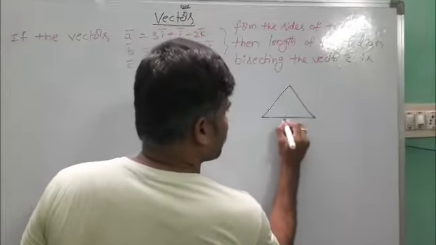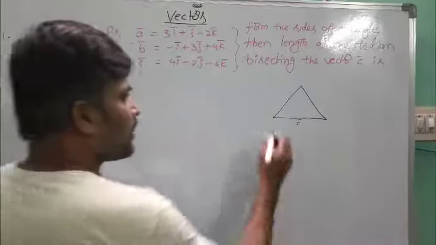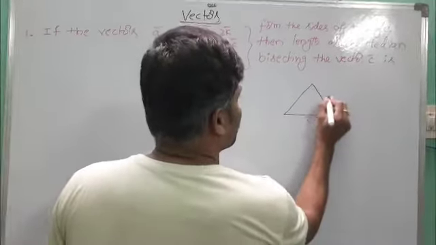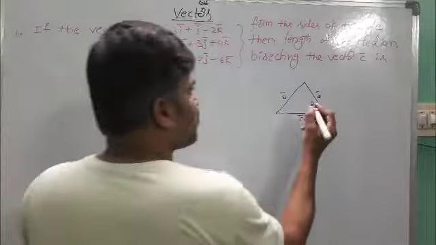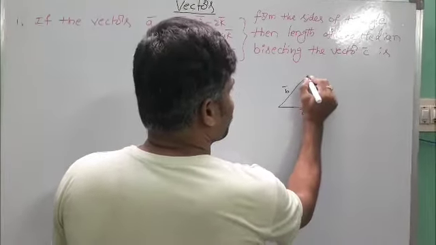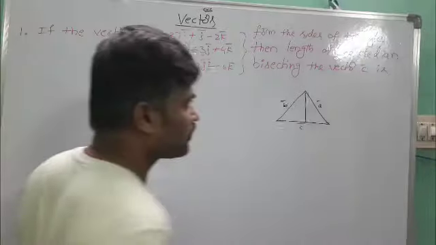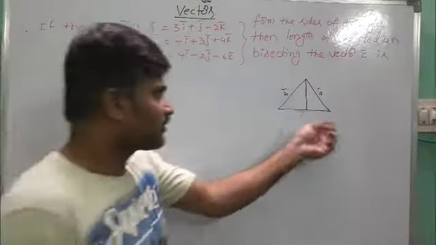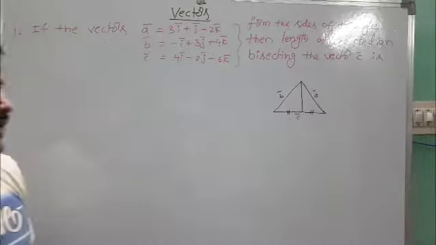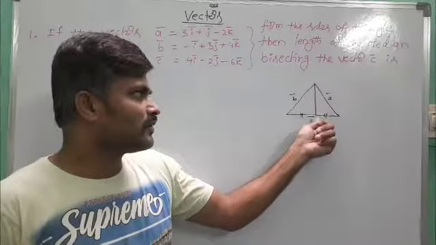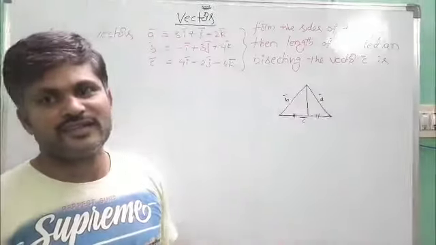Here let us assume that the base side will be taken as c bar and the remaining adjacent sides are a bar and b bar. Now we draw one median through c bar, which bisects c bar. Then the length of the median is.